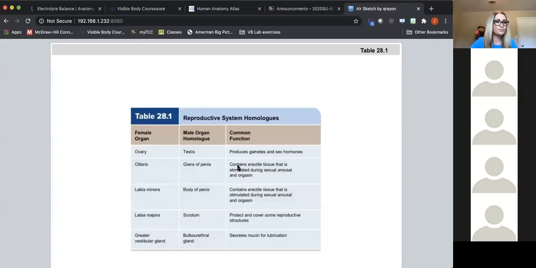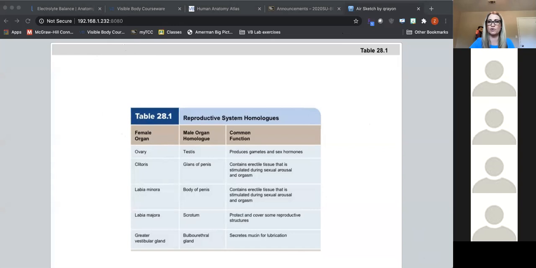Okay, so the main organs of the reproductive system are the gonads, and these are responsible for formation of gametes. Gametes are sex cells. We'll also be talking about a bunch of accessory reproductive structures, and these are going to be different, obviously, in males and females.